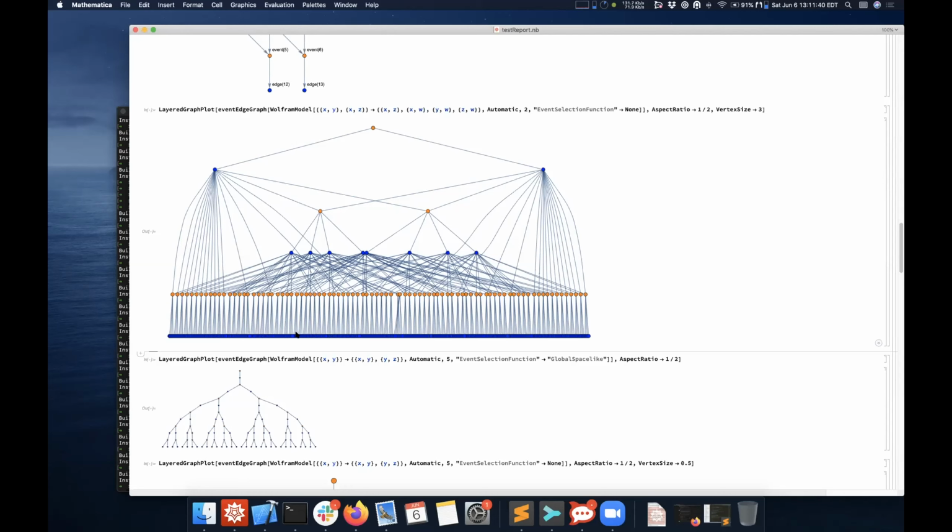Well, the classicalization of the whole thing is to say, look, the classicalization requires that there be, essentially, global causal invariance.